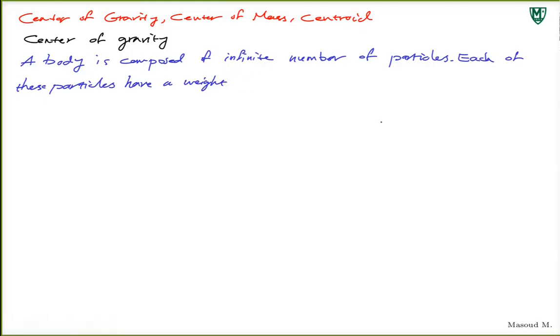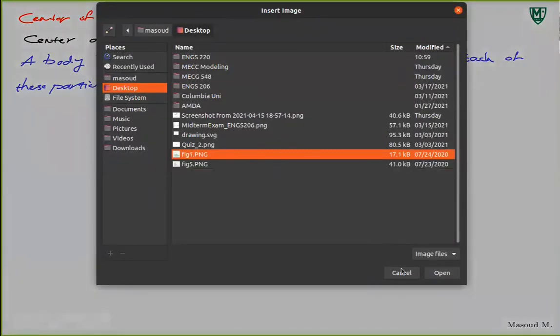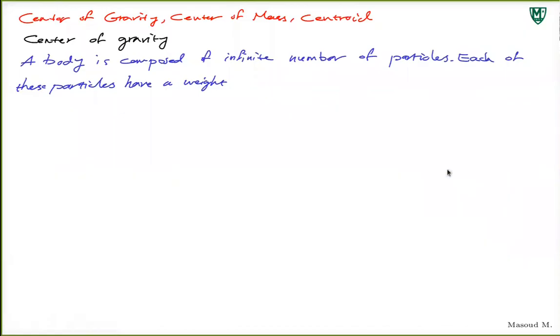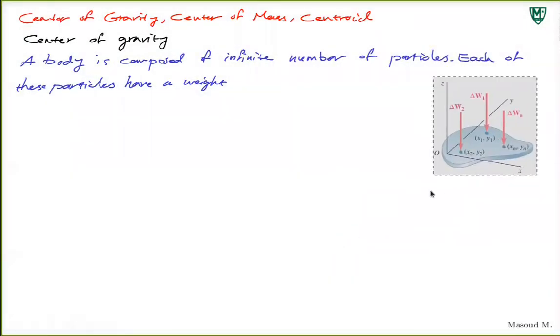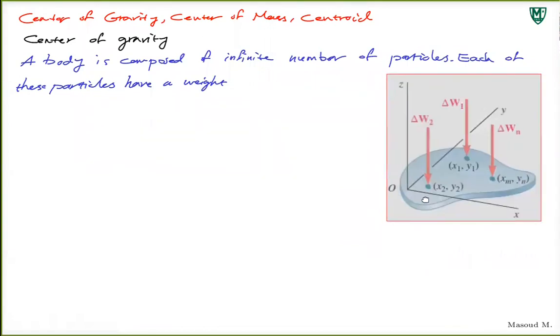Let me bring the figure I have here. That is something that's going to help me move forward. Let me make it bigger. This is something we need. Each particle has a weight of delta W. So n number of particles.